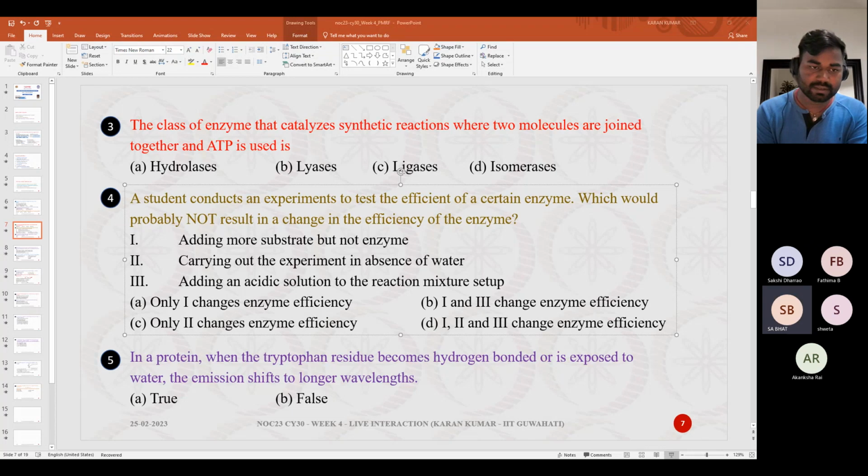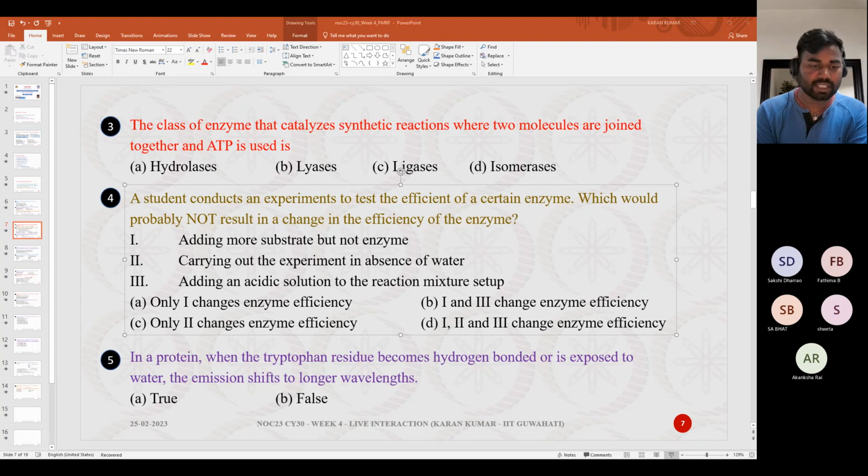I think it will affect the efficiency of the enzyme, because certain enzymes require water to catalyze their reaction. Okay. Any other opinion? So all are in favor that it will affect the enzyme catalysis. Yes, sir. Okay.